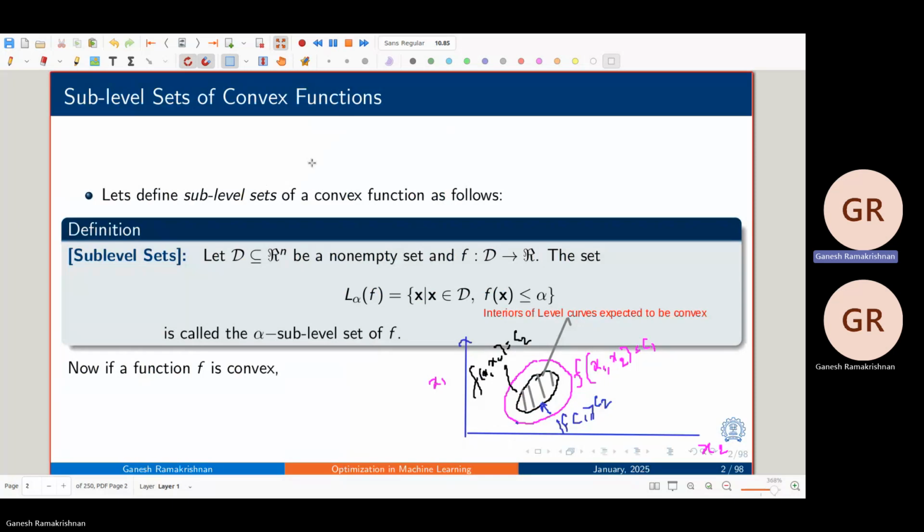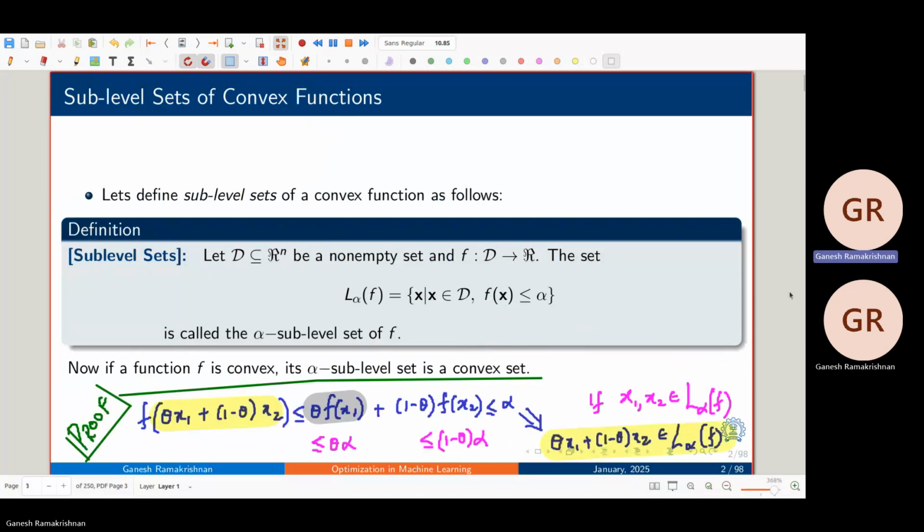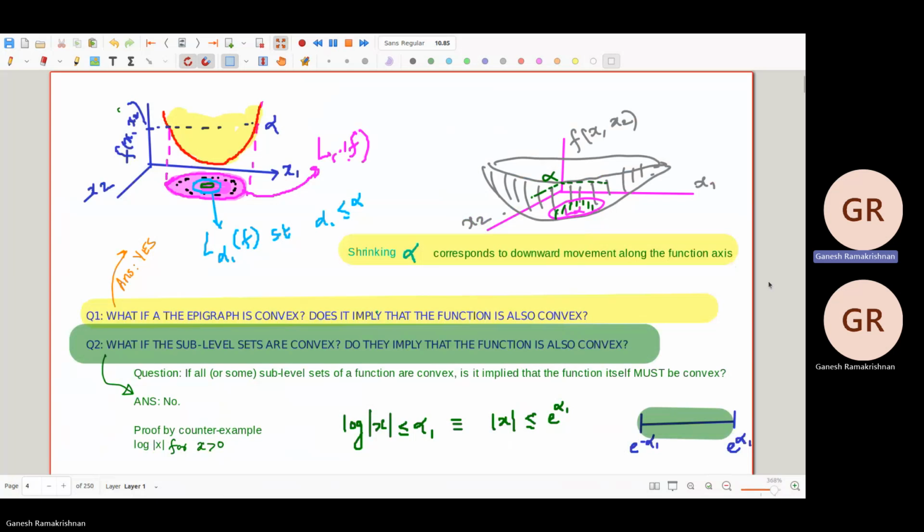If a function is convex, its alpha sublevel set is a convex set for every value of alpha. It's really by first principles. We will not spend more time, the proof is all there.